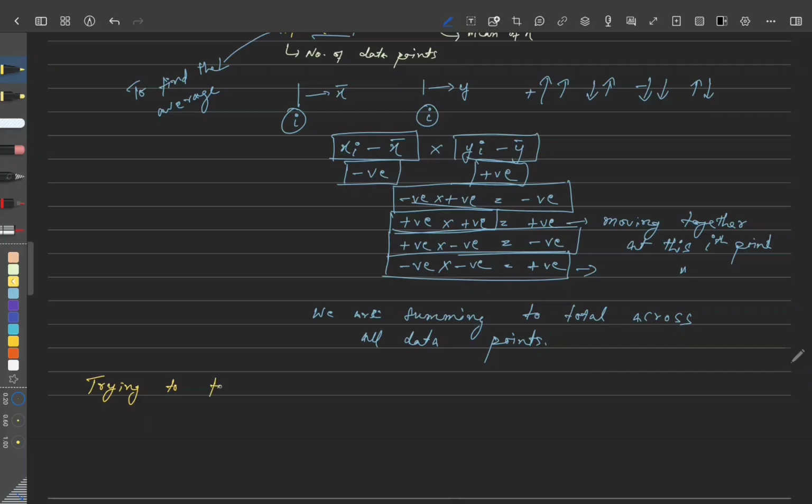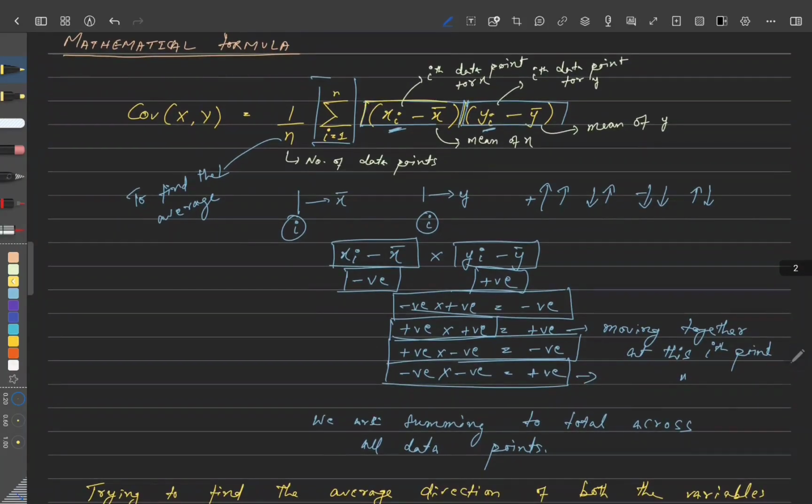So if most of the deviations, when we say deviations we mean these, if most of the deviations are in the same direction, it means positive covariance.